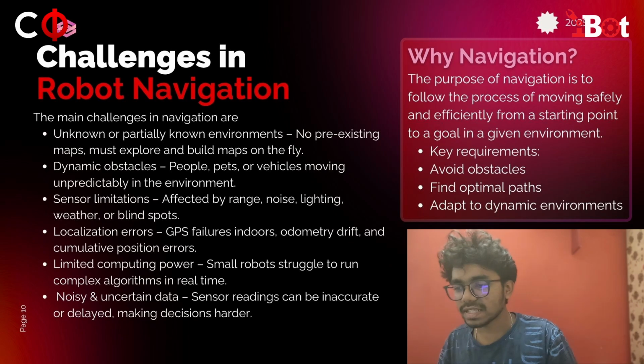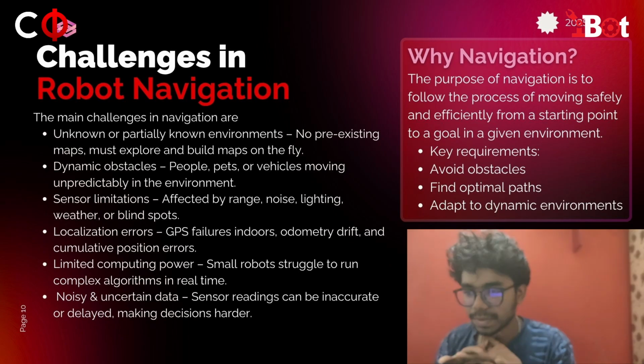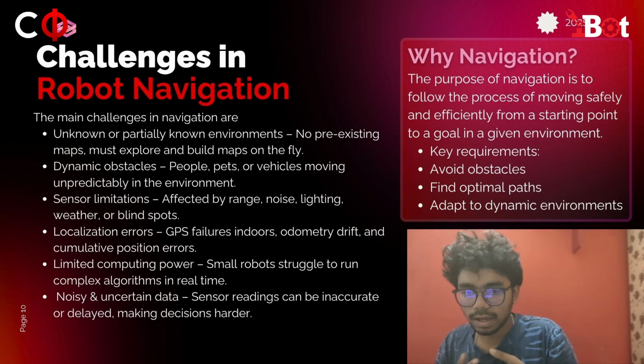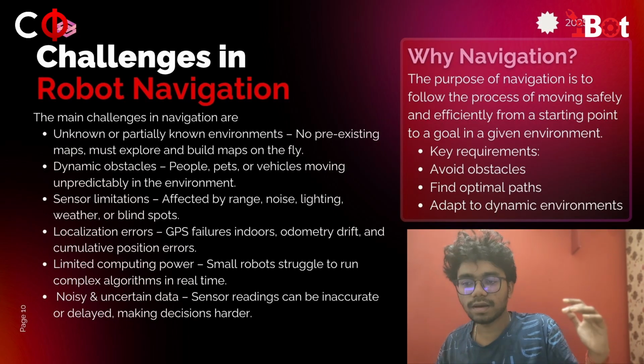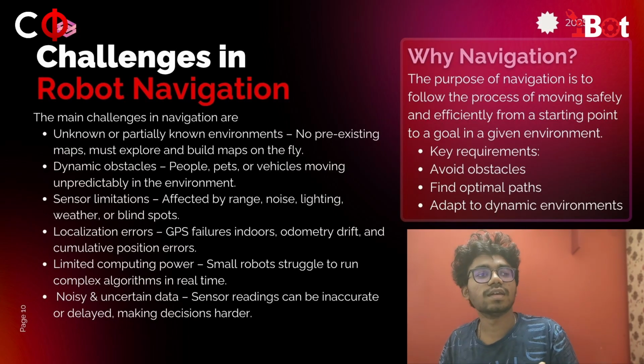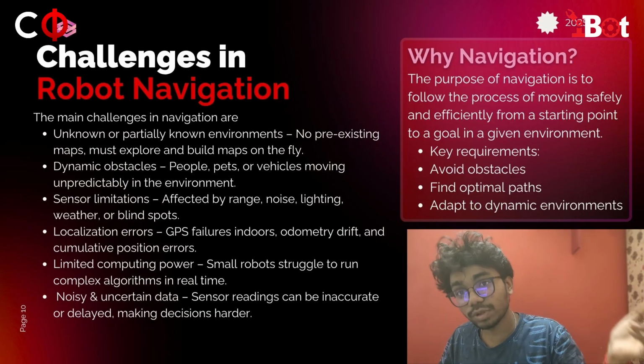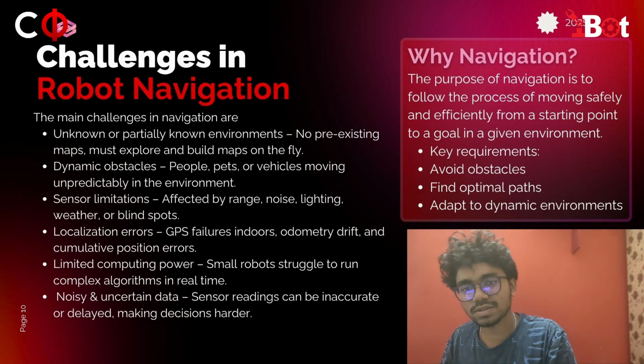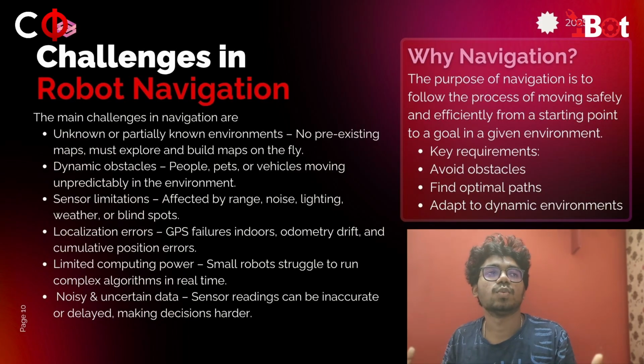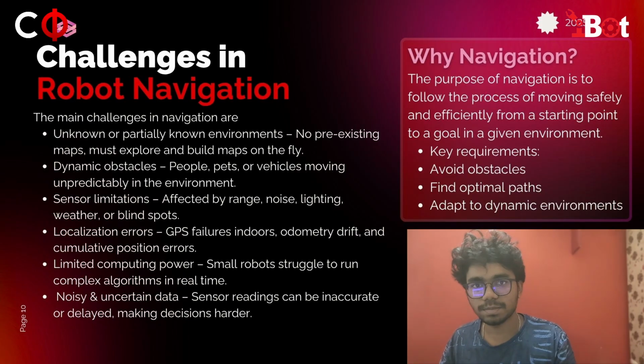Coming to challenges in navigation of basic robotics, the main challenges are, partially, how do we actually know the environment? How do we record the environment? How to remember the environment? That can be solved by good localization and perception. The second point, as I said, is dynamic obstacles.